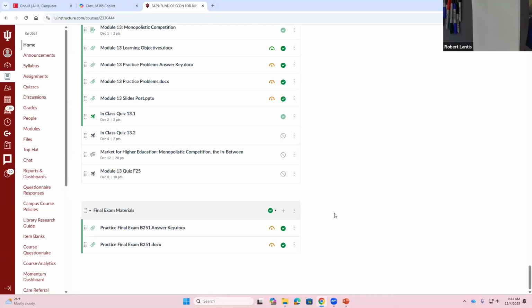I also last night got the room locations, and I'll get an announcement up about this on Canvas, and I'll mention it next week as well. I don't remember the numbers off the top of my head. I will have them for next week, but I do know that our exam is going to be in Hodge Hall. Right, so you're probably pretty familiar with that location, but it's going to be kind of weird.